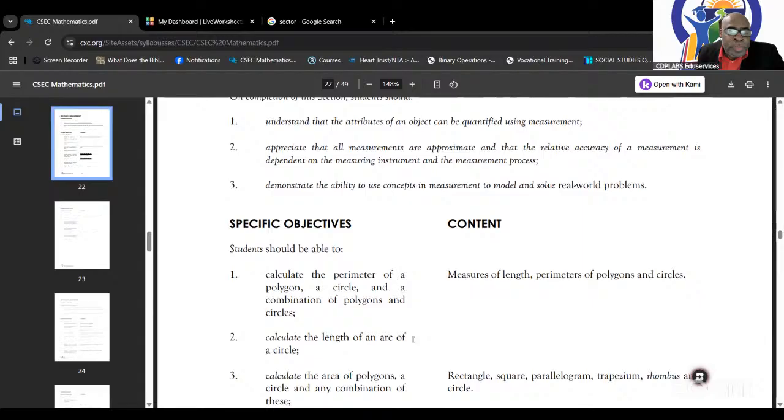Good? Now, we looked at the syllabus, look at the exam paper, in one of the classes where we learned how to calculate the arc length. I think that was Saturday night. We did that. Good. Okay, I move on.